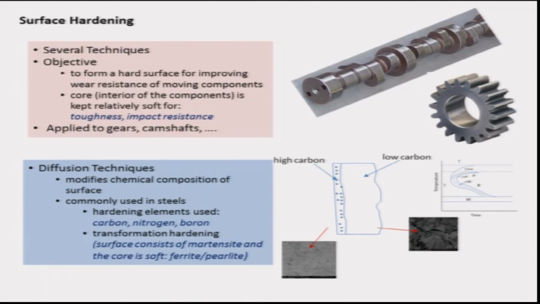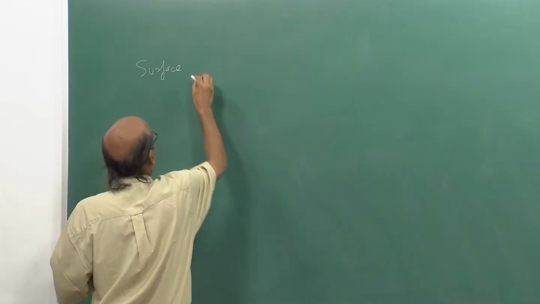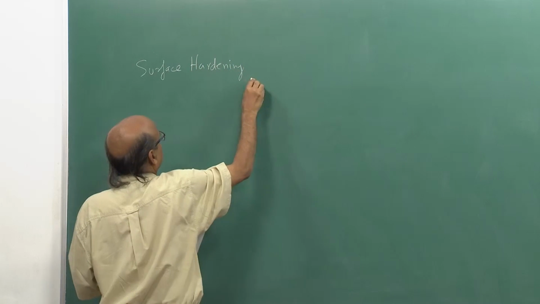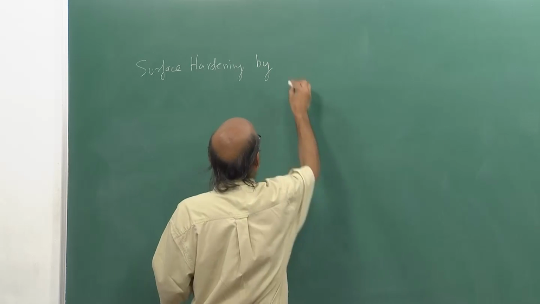So, let us look at this on the board. So, surface hardening is specifically by a process called carburization.